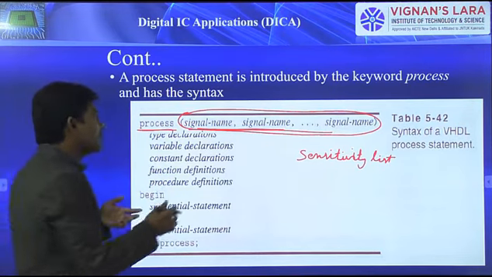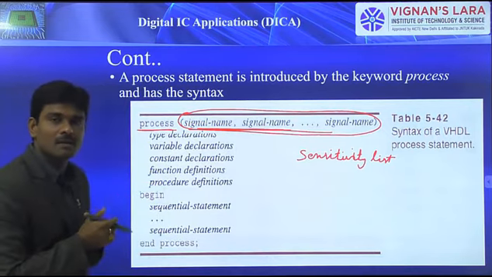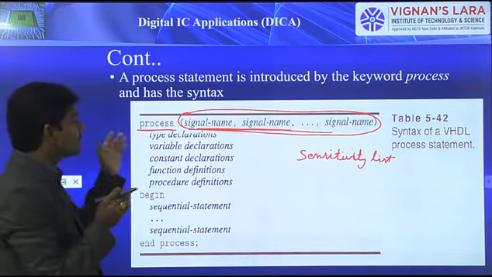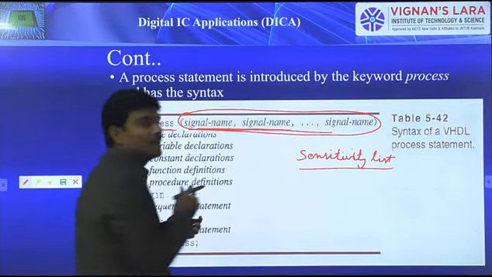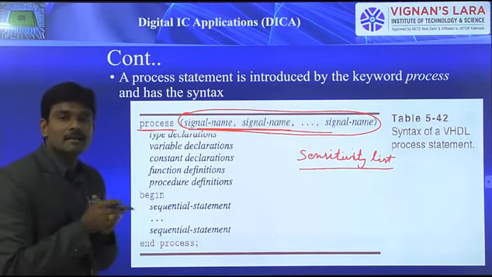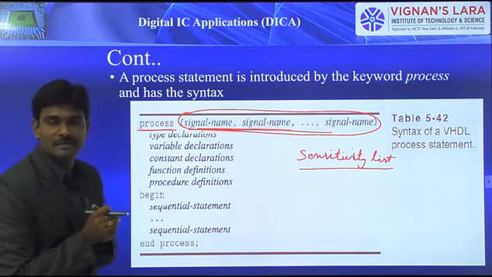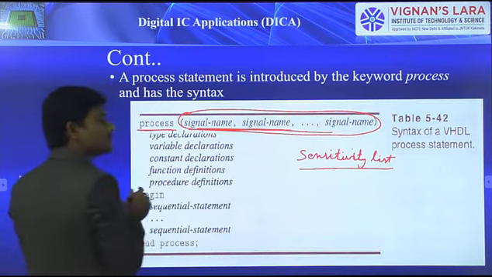In that regard, in these signal names, in the majority of cases, we are going to describe the inputs of that particular circuit itself as the sensitivity list. That signal list itself we can also call the sensitivity list. Remember that particular technical word, sensitivity list.